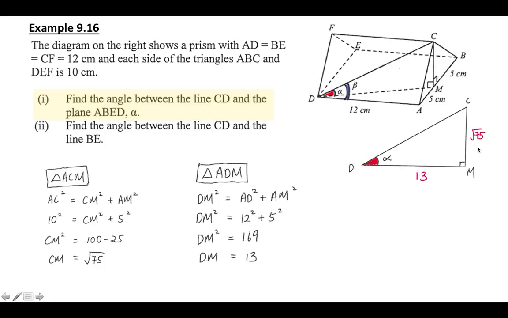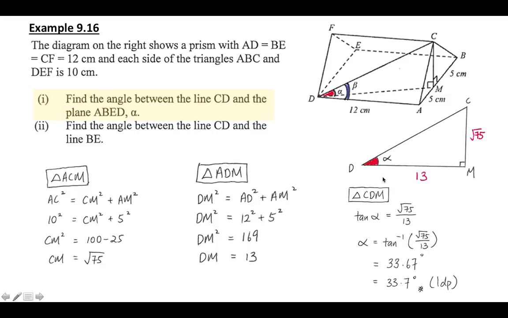Now with these two lengths, we would now be able to solve for the unknown angle alpha. If you look at this triangle CDM, we have two sides. This side is opposite to angle alpha, and this side is adjacent to angle alpha. So therefore, we could apply SOH CAH TOA, and tangent alpha will be equals to opposite over adjacent.